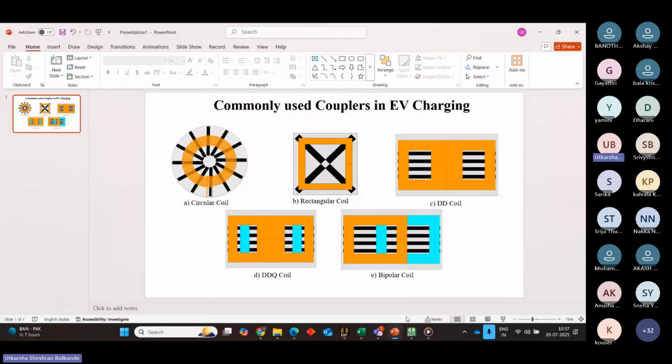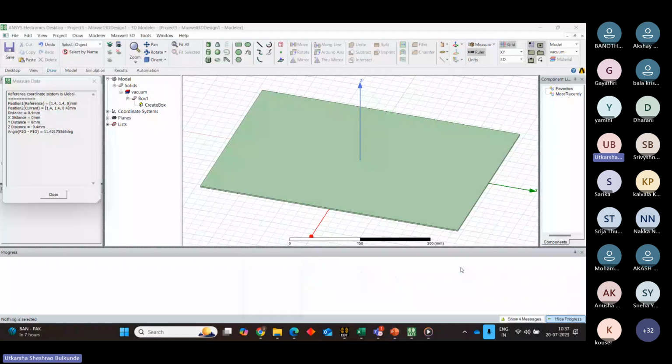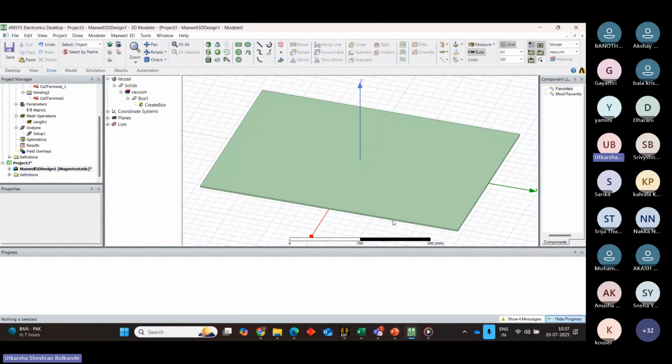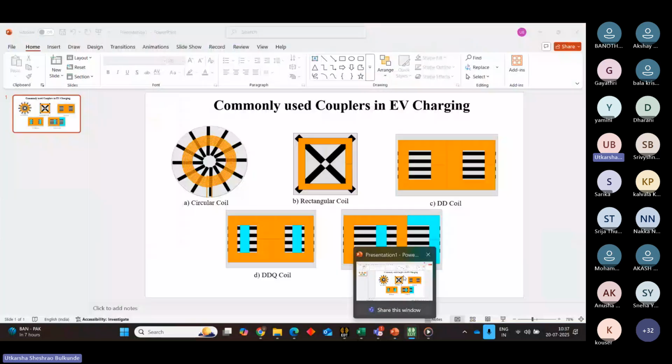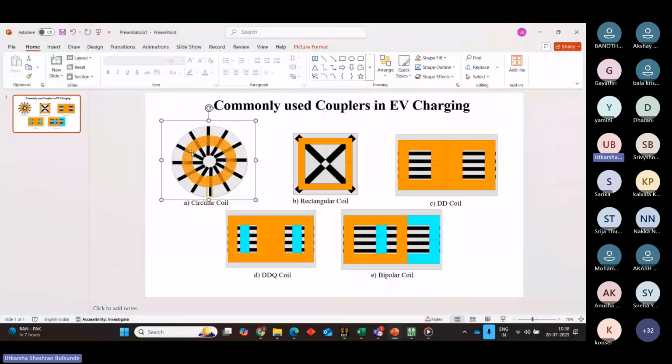Fine. So what we are drawing now is a rectangular coil. I have drawn a rectangular block here using the draw box option. It will look like this. Can you see your coil has two dimensions? One is inner and one is outer. You can see everywhere, this is inner dimension, this is outer dimension, right?